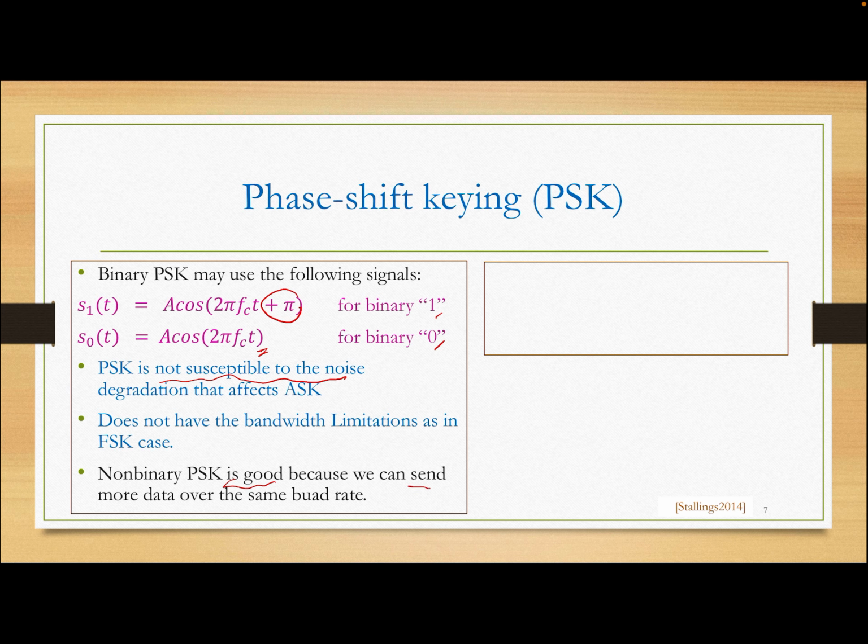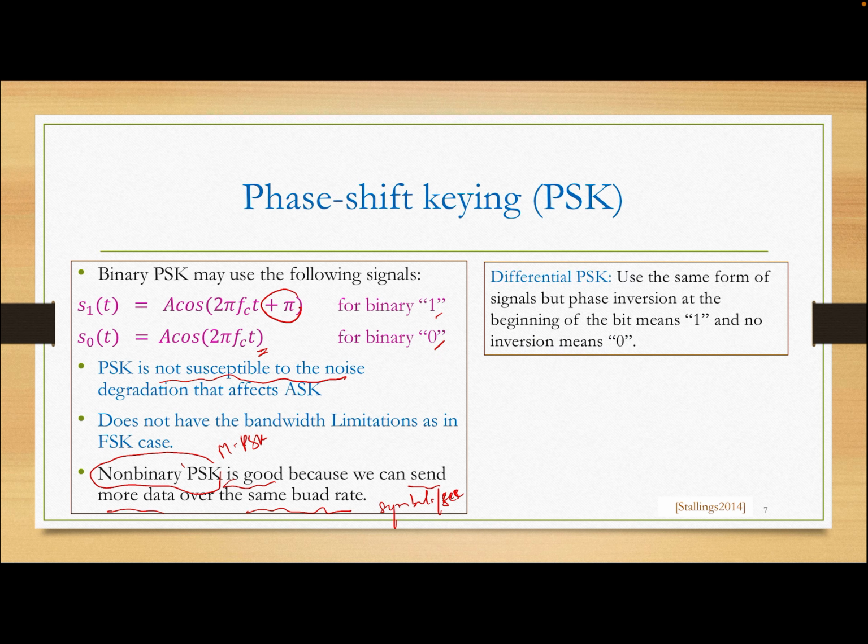We can send more data if we use non-binary PSK, like MPSK. We can send more data using the same data rate. The data rate is the symbols per second, the number of symbols per second that you are sending. So this is the baud rate.